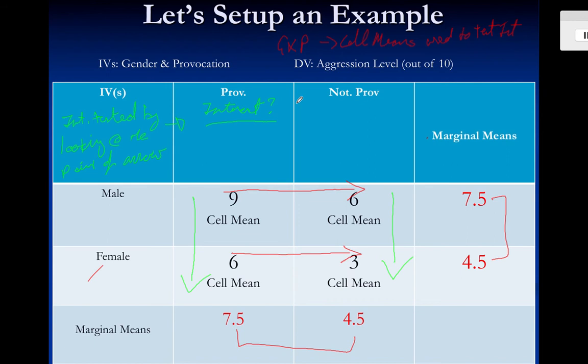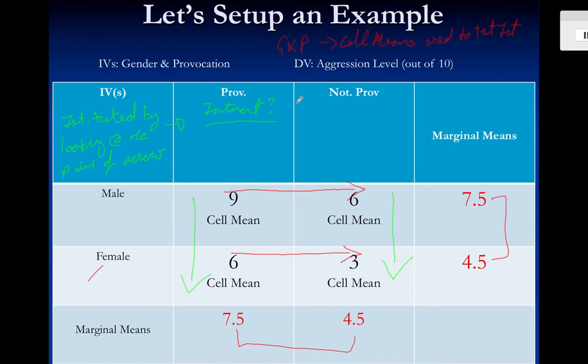Whenever we're testing for an interaction and we're looking at our table of data, we literally sit down and draw our arrows out and look at them and say, do our arrows point in the same direction or do they point in opposite directions of each other? In this particular case, I only want to look at arrows that are similar color to each other. The other arrows don't matter. So the green arrows at this point don't matter. I only want to look at the red ones at this particular second here, okay?